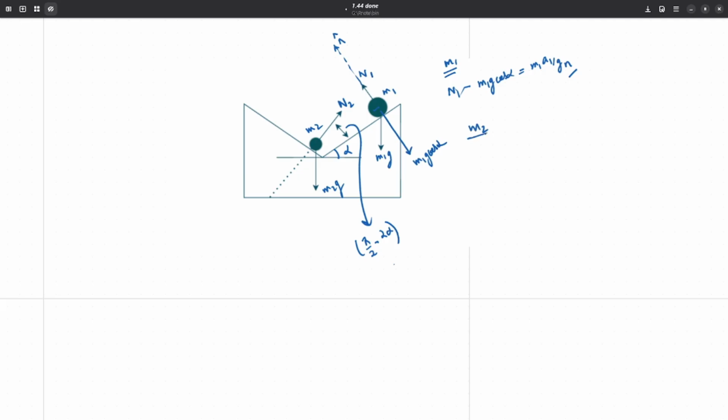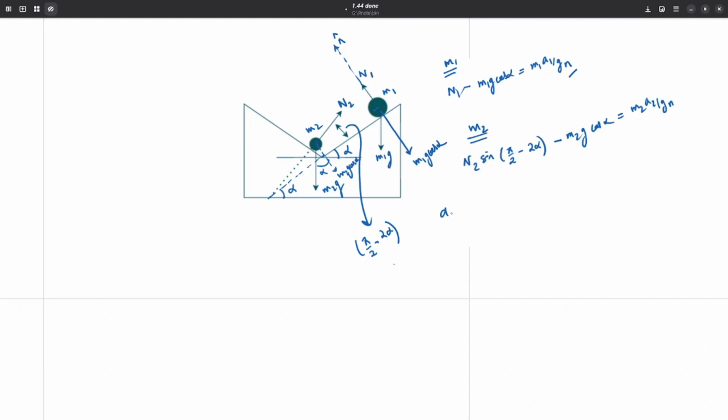For m2 we can write n2 sine of pi by 2 minus twice alpha, minus m2g cos alpha, as this angle is alpha, so this angle is also alpha, and this is m2g cos alpha, which is equal to m2 a2gn.